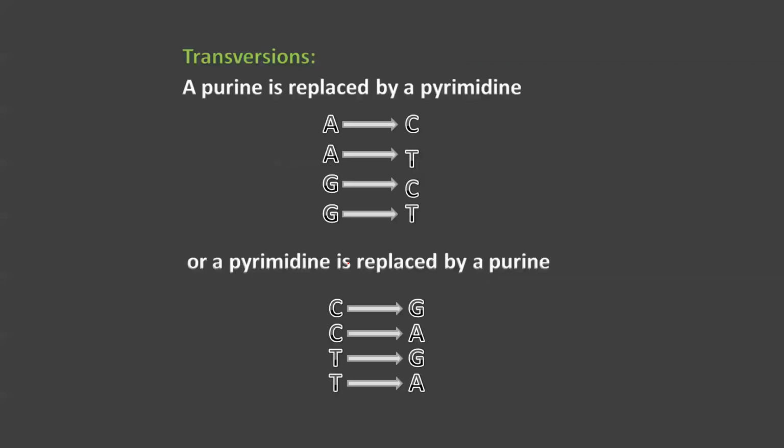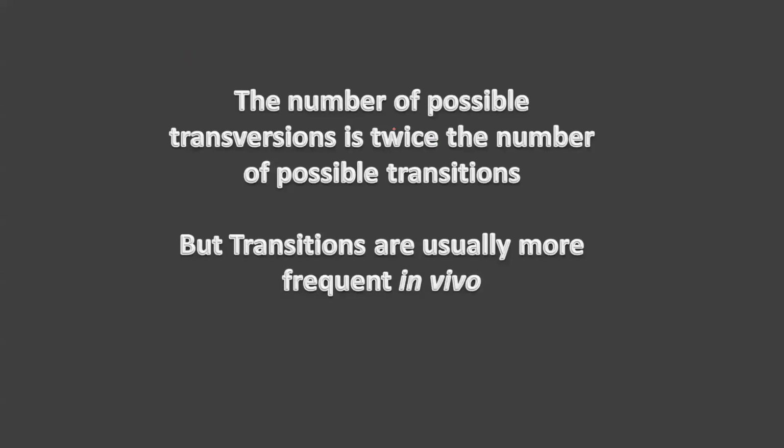Now, obviously, there are more pyrimidine bases than purine bases, right? And since you're swapping between pyrimidines and purines, it means you have more possible combinations, right?